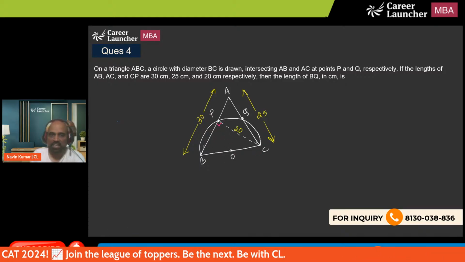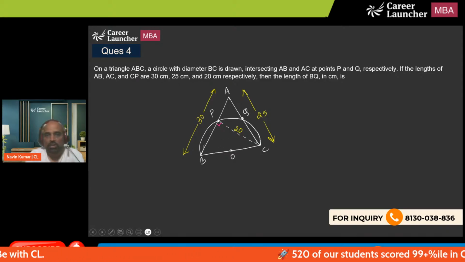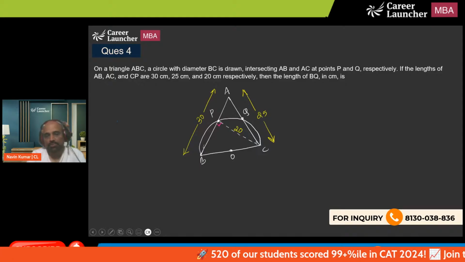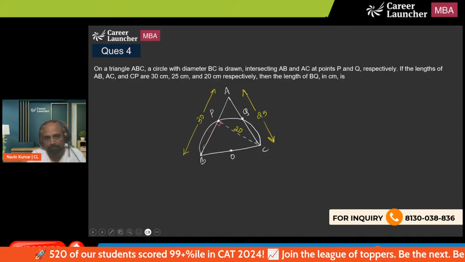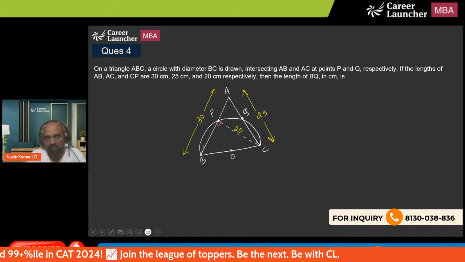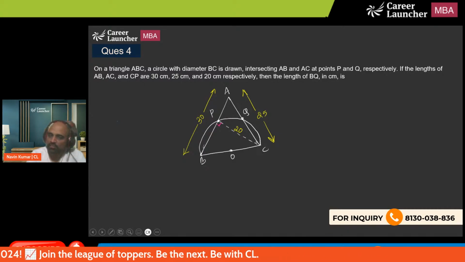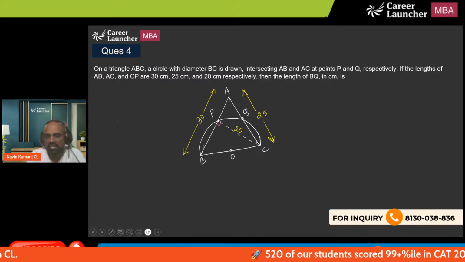Because BC is the diameter and there is a triangle drawn BPC. We need to find the length of BQ. If we need to find the length of BQ, for that we will need to find the length of QC as well as BC.